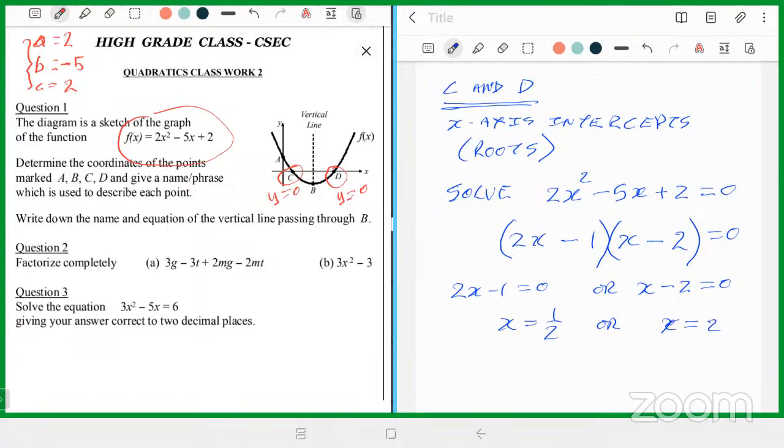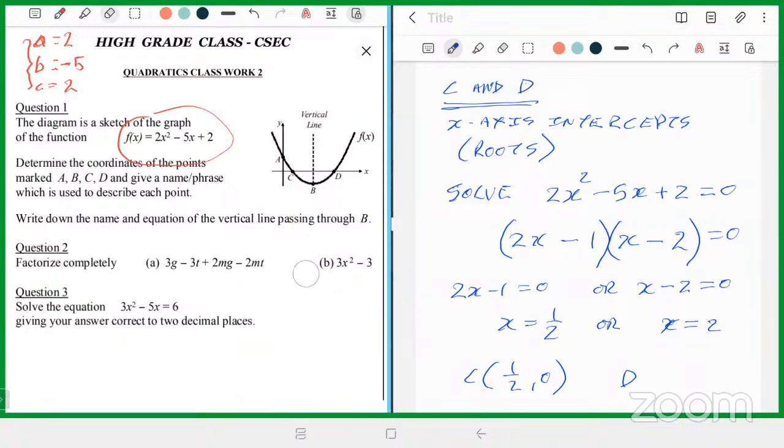If you look at the graph now and make the points make sense. So the C point clearly is the one with the smaller root, or the root with the lower value. Most corresponds to the C, to the half. So it means that C is the point half, 0. Half is the x value at C, y is 0 is the y value at C. And D now must be the one corresponding to the 2 because it is here.